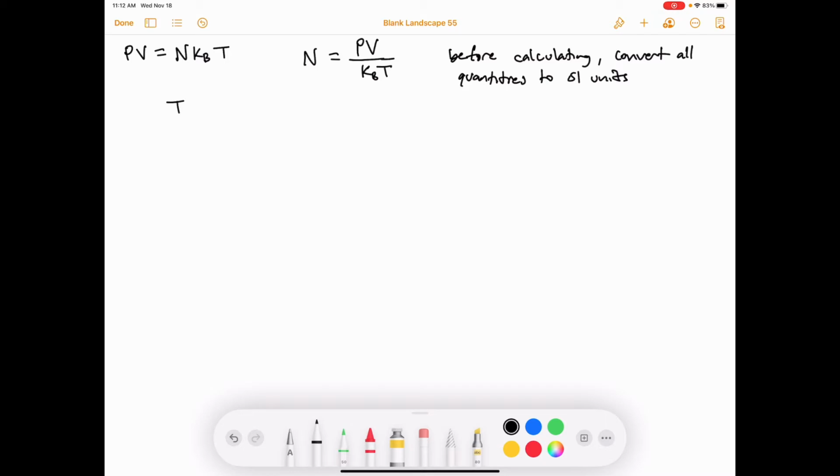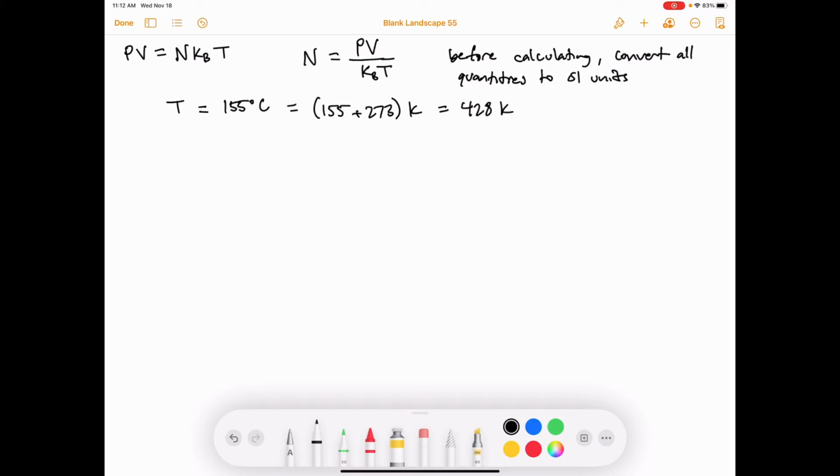We need the temperature to be in Kelvin rather than degrees Celsius. So if we have 155 degrees Celsius, that's the same as 155 plus 273 in Kelvin. And so if you work that out, it's 428 Kelvin.